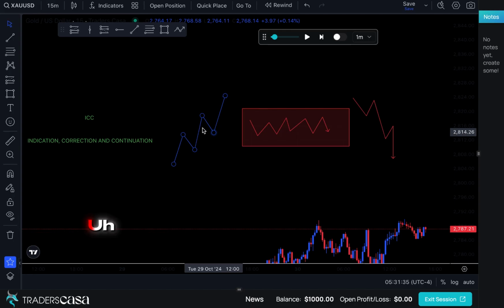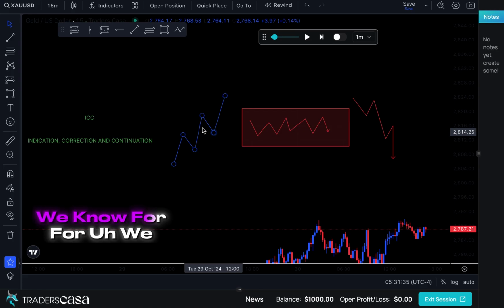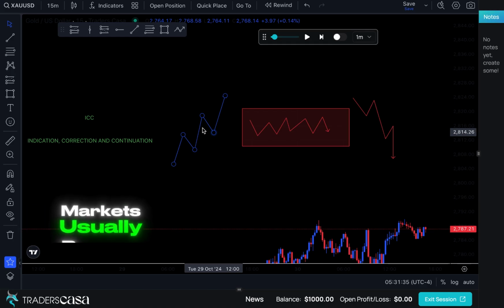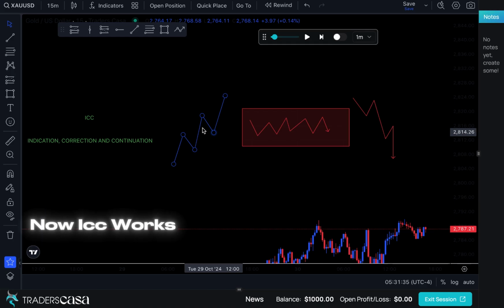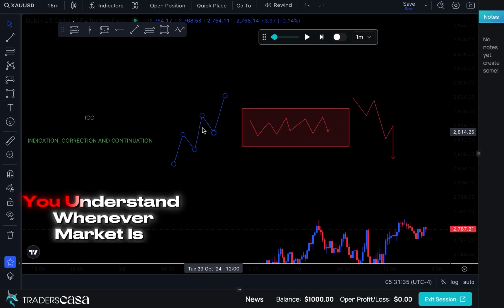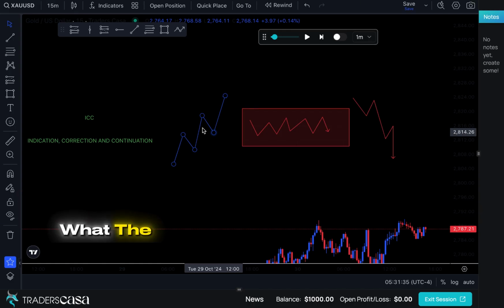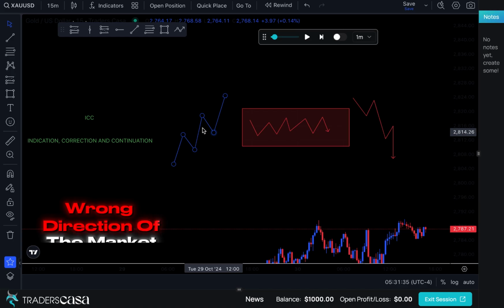Looking at this trade, we know for sure that most times markets usually reverse. Now ICC works so perfectly, you understand, whenever the market is trending up or downward. The only time you can lose in ICC is when you get in too early, or too late, or you get in the wrong direction of the market.